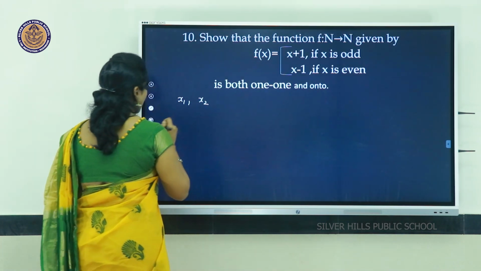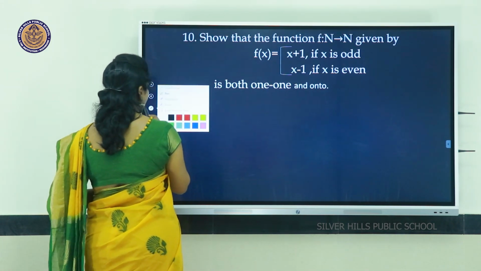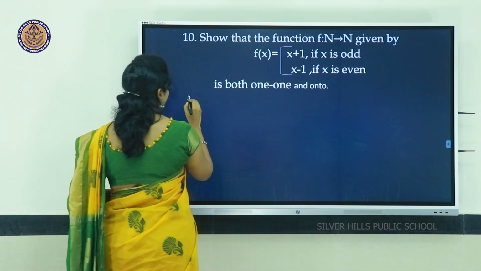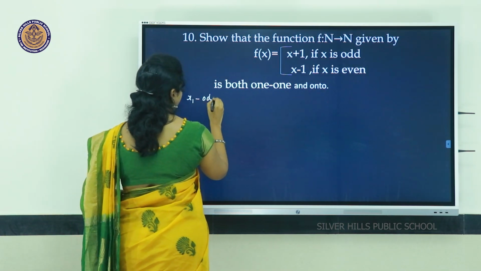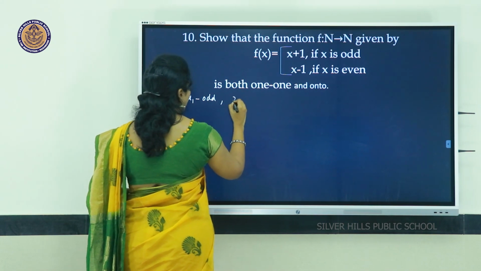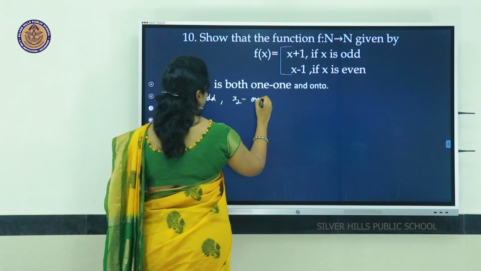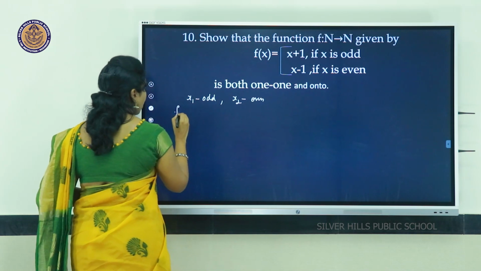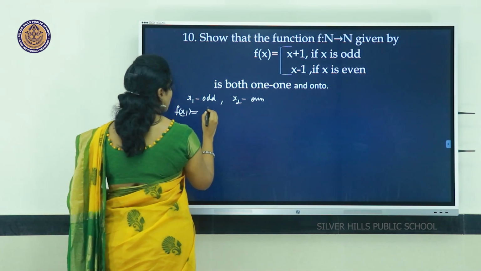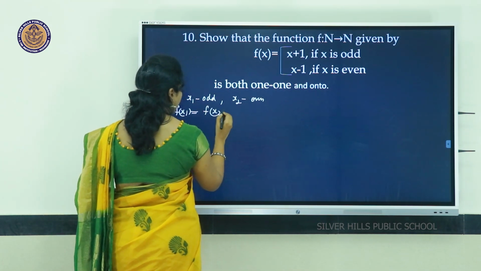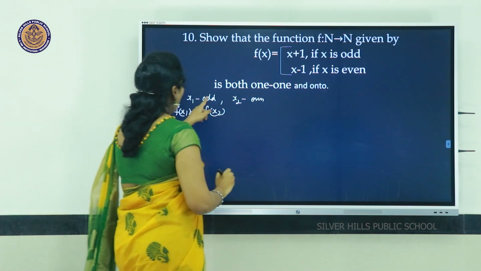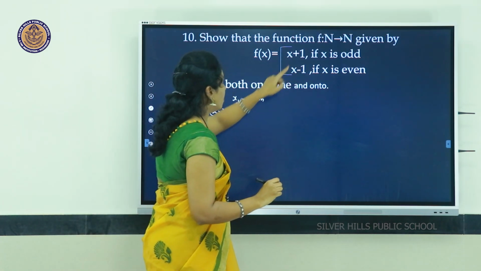So, let us just consider x1 is odd and x2 is even. So, f of x1 equal to f of x2 implies, odd means where will you substitute here?